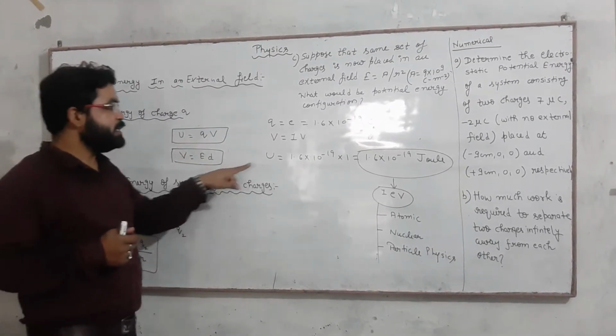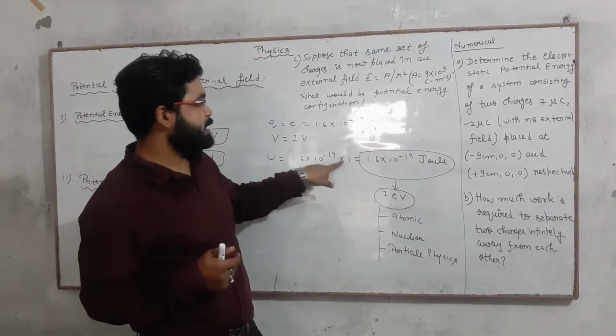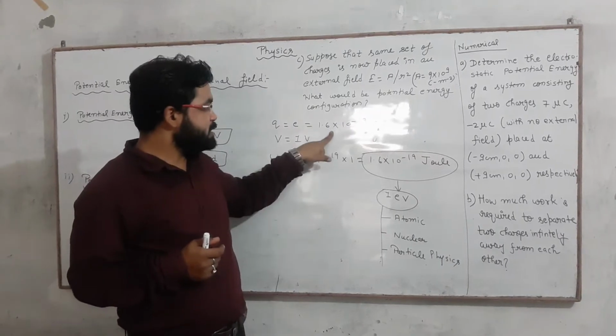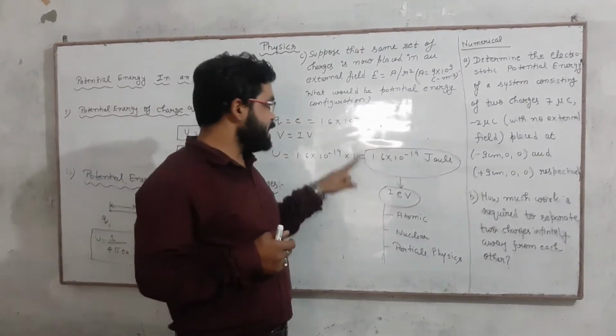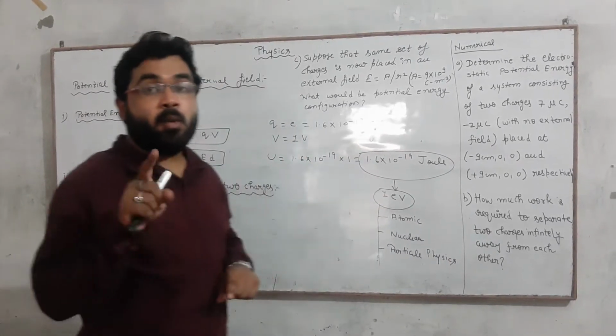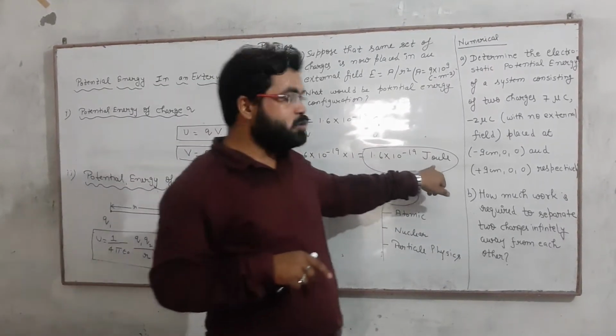The potential energy U is equal to 1.6 into 10 to the power minus 19 into 1, because it is QV. So U is equal to 1.6 into 10 to the power minus 19. And the unit of potential energy is joule.